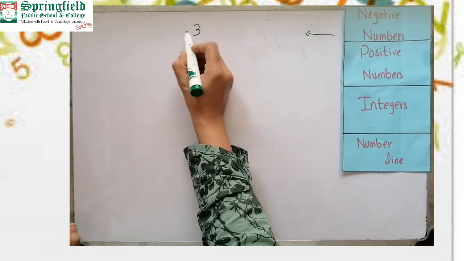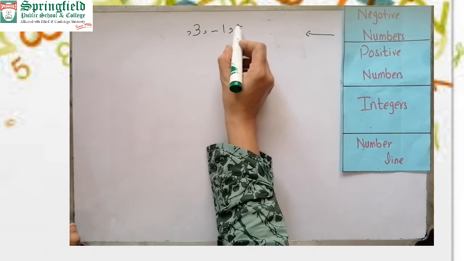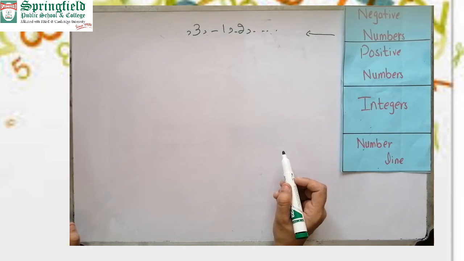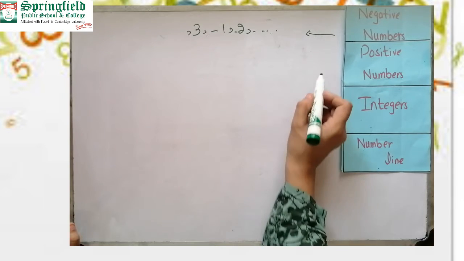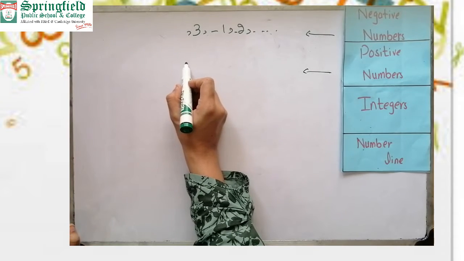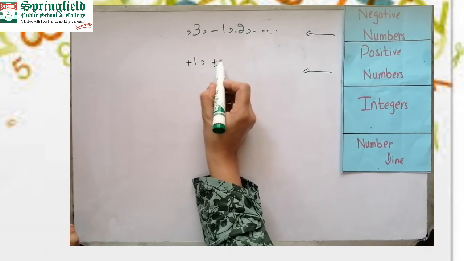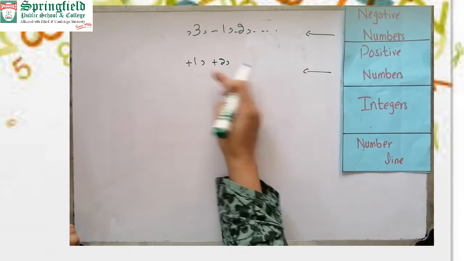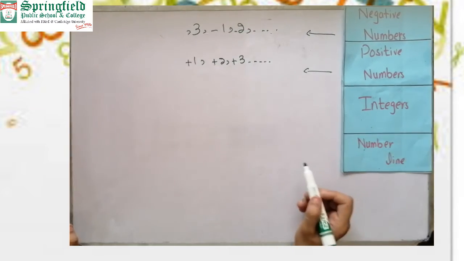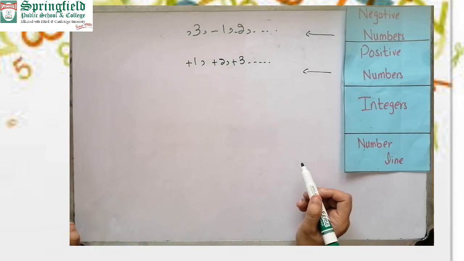So -3, -1, -2 and so on, these numbers are called negative numbers due to the negative sign. Positive numbers have the positive sign, as +1, +2, +3. Due to the plus sign, these numbers are called positive numbers.